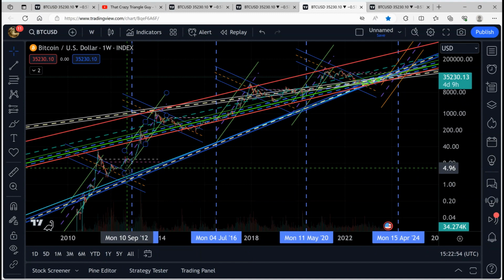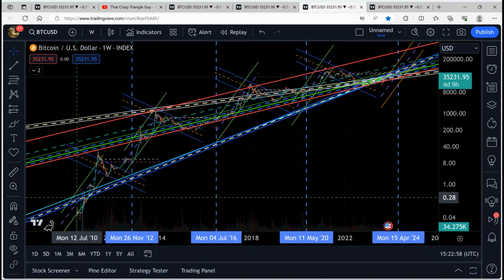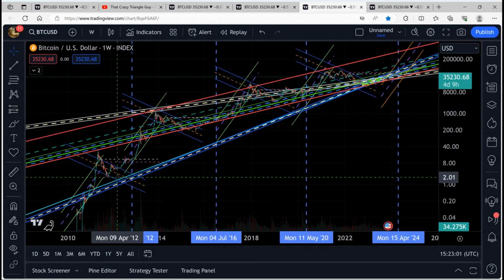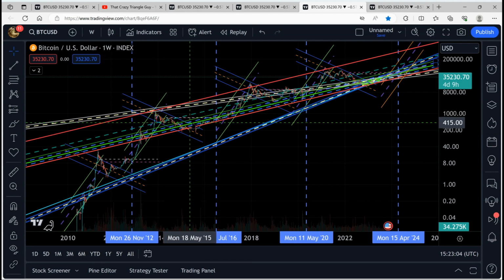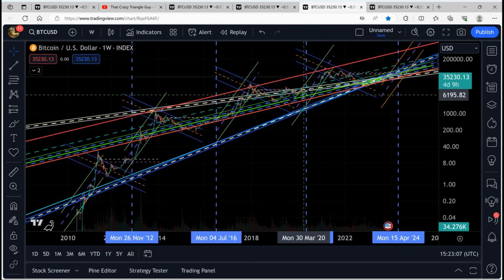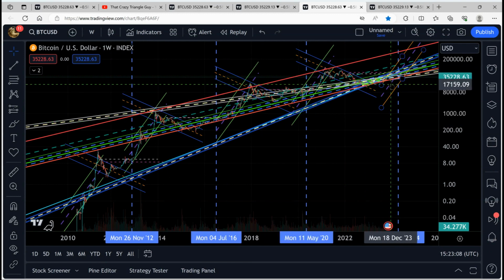Typically, what you'd see in a bull market run, you'd see price increase, you'd see a bull flag pullback, a little run, a little pullback, a little run, a little pullback, and this is where we are currently at.